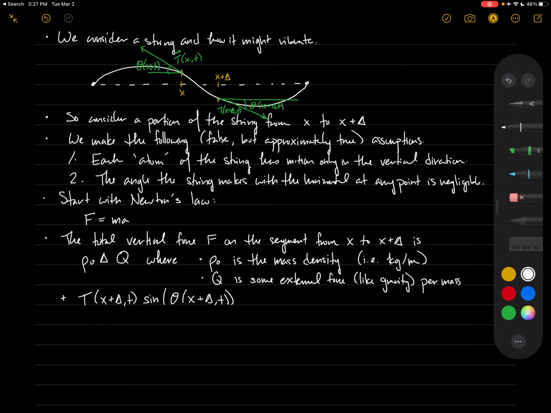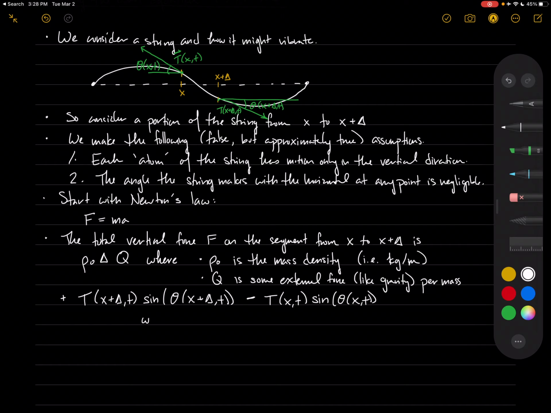This is the force with which the string is being pulled on its right hand end to the right. And then there's also the force being pulled on its left hand end to the left. That one will have a negative sign attached to it, because again t of x,t is just the magnitude, and we're looking at sine of theta at that position x,t.